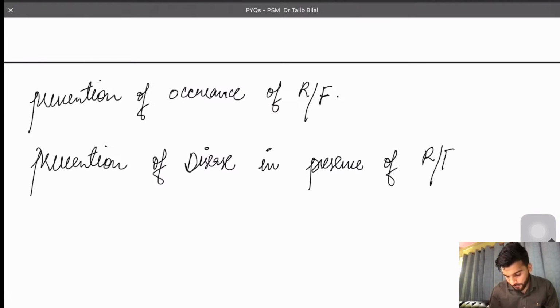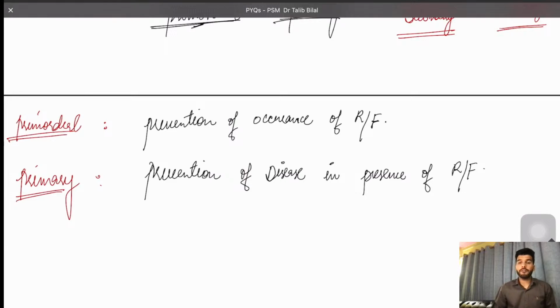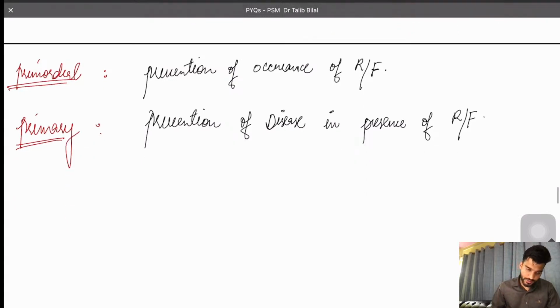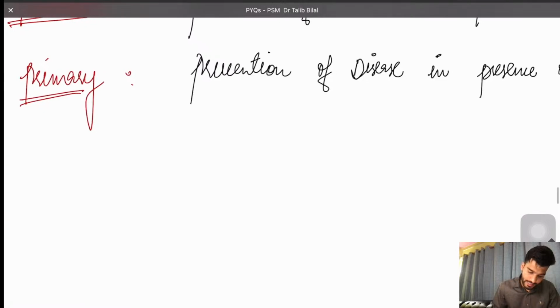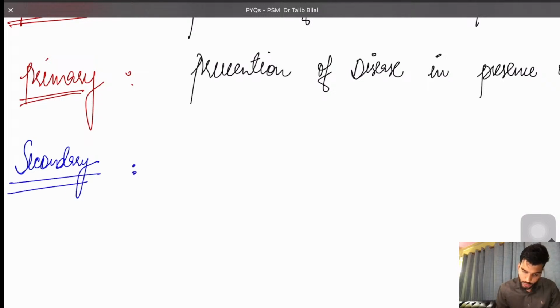All the vaccines are which level of prevention, guys? All the vaccines are primary level of prevention. Then the third one, secondary level of prevention.